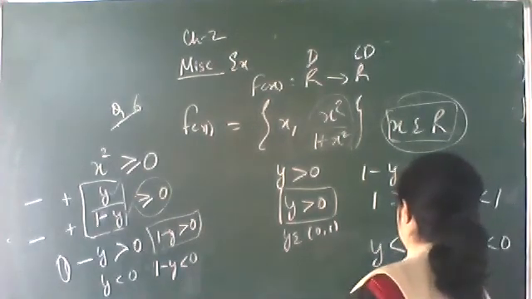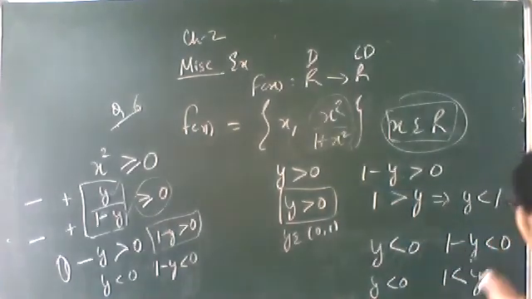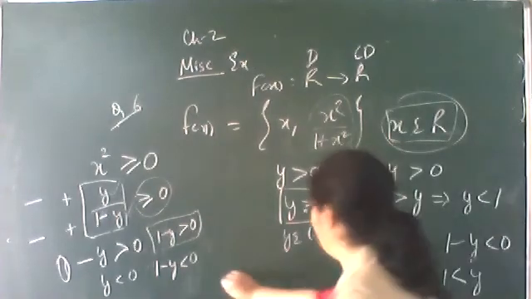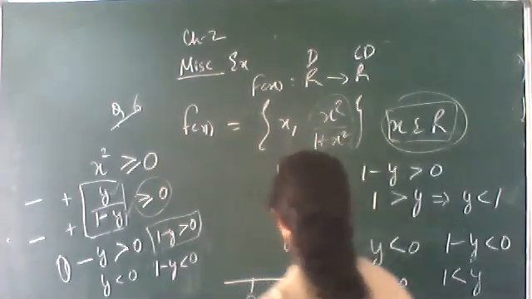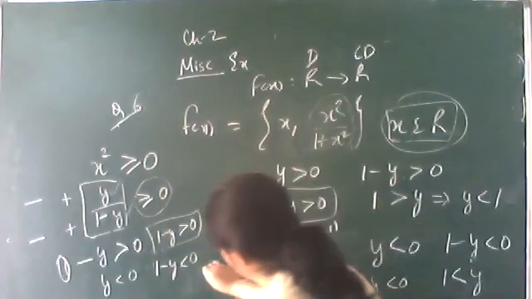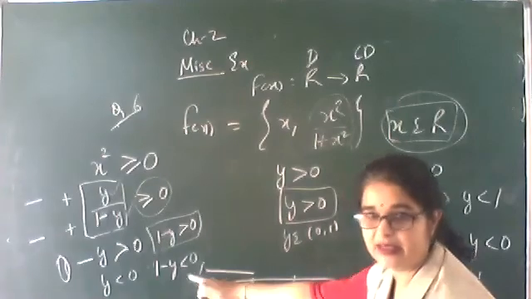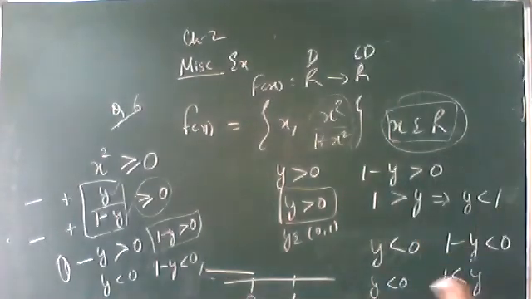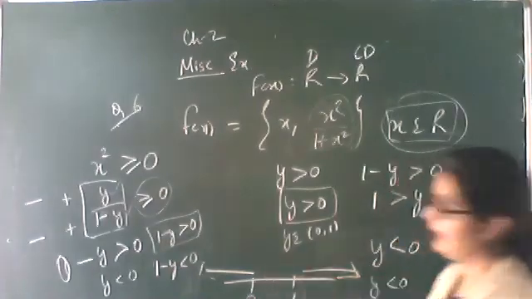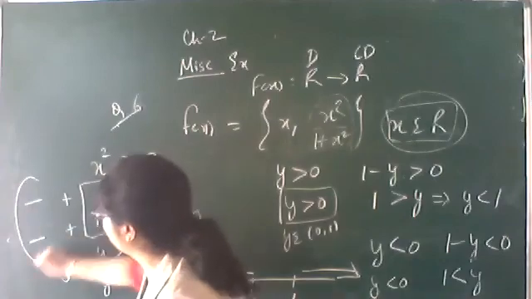So y is less than 0 as it is, and 1 is less than y, so y is greater than 1. Draw the number line, 0, 1. Less than 0 means it will go this side, and then y is greater than 1. Is there any intersection in this? So this condition will not be valid when both of them are negative.